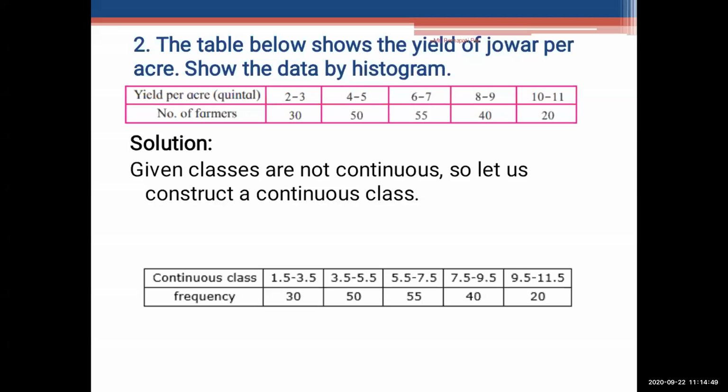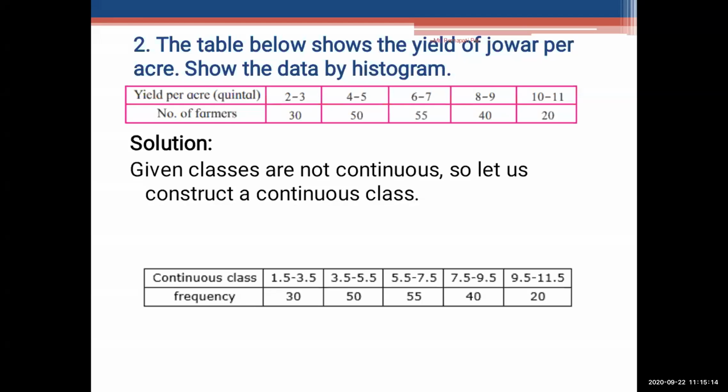On the x-axis, we draw the continuous classes: 0 to 1.5, one class is there, then 1.5 to 3.5, 3.5 to 5.5, 5.5 to 7.5, 7.5 to 9.5 and 9.5 to 11.5.